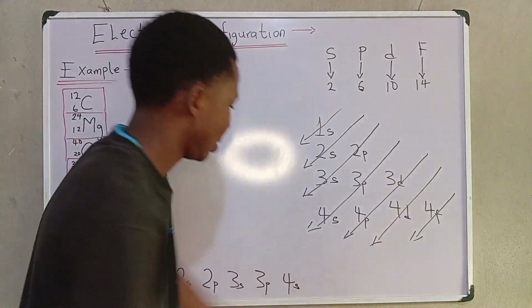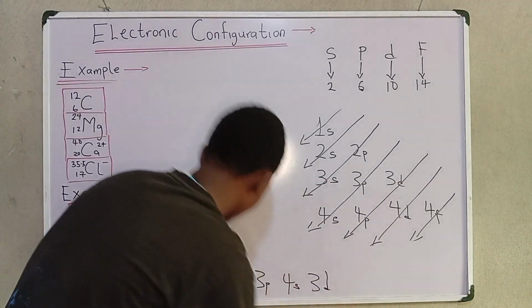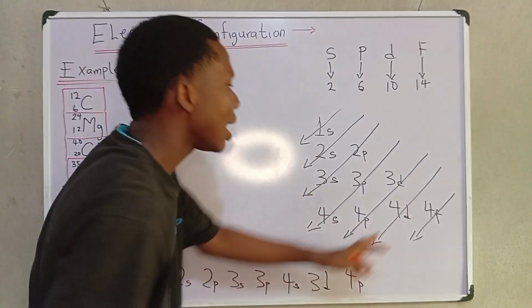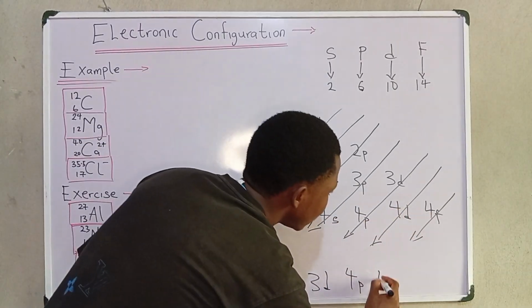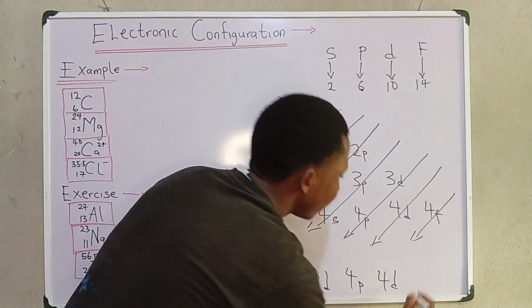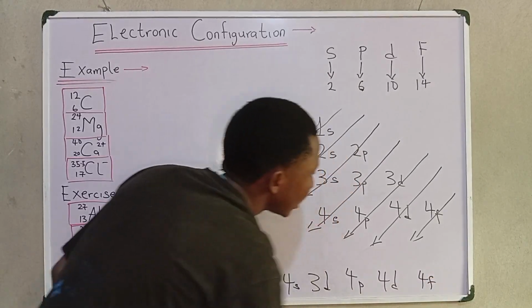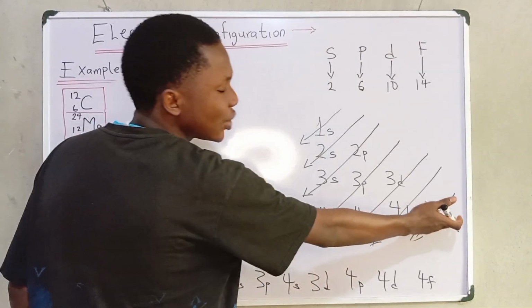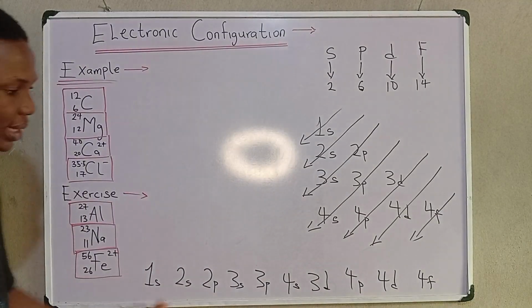You don't have to cram it. 3d. The next thing is 4p. Now, the next thing is 4d. And 4f. Okay. Actually, if we went to 5, it wouldn't be like this, but since we stopped here, this is how you're going to do it. You have to follow the arrow sequence.